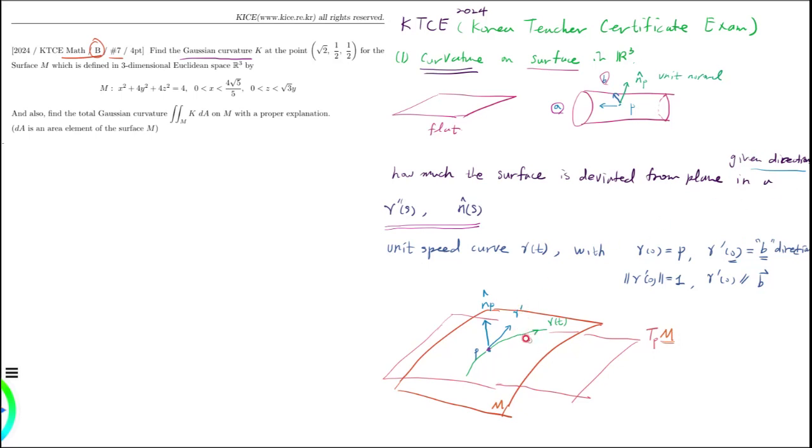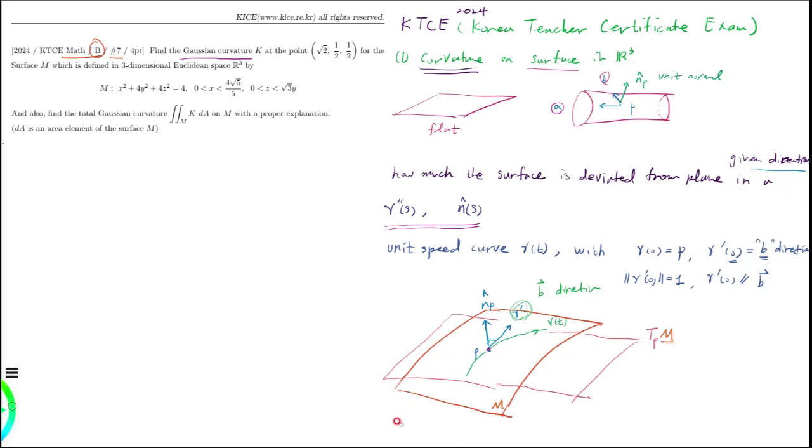If this surface is not bent in the direction of B here, then the change of the tangent vector will stay in the same tangent plane.